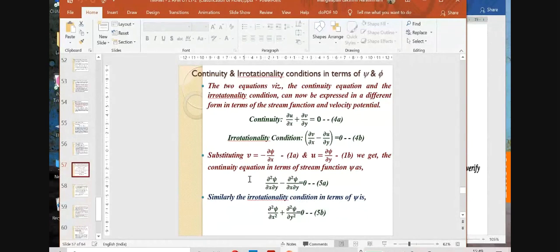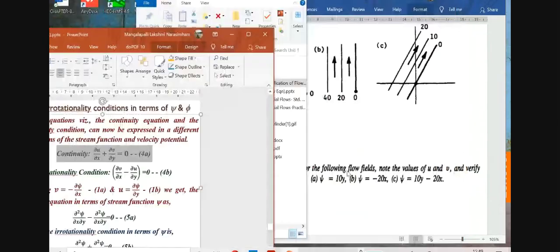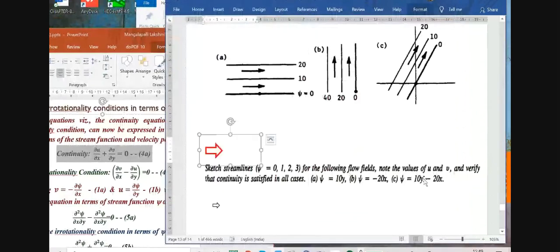Or rather, you can take this continuity equation and, from this expression for psi, find out u and v. Take this psi and find out u and v.